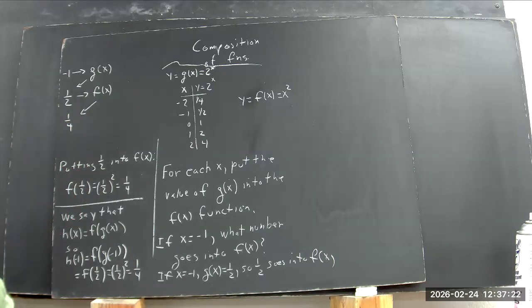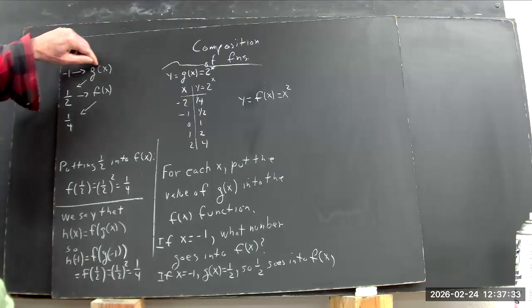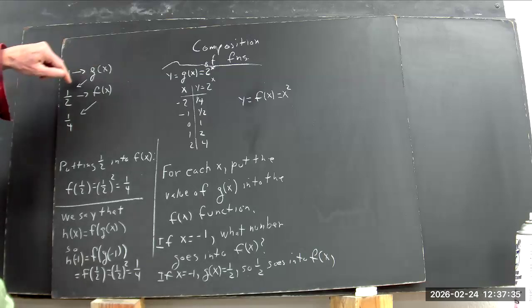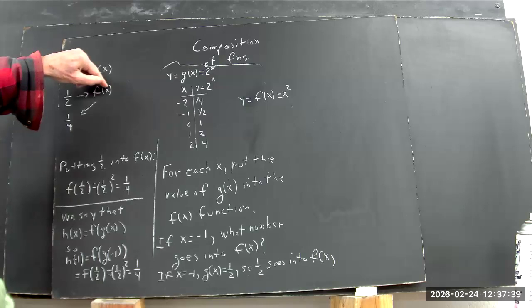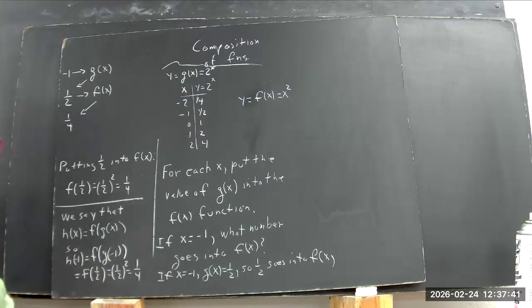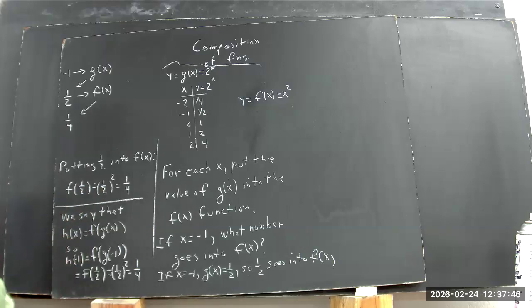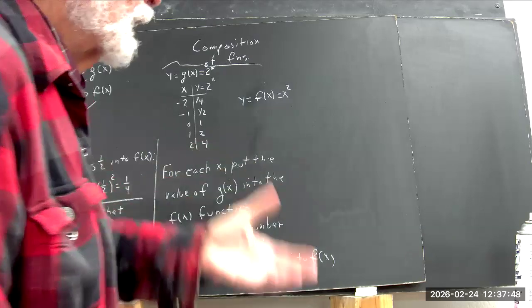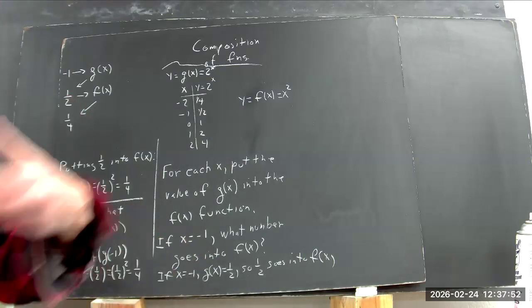Does that make sense? -1 is the input for g of x. The output of g of x is 1/2, and that's the input for f of x, and you end up with 1/4. Okay? So that's one way to look at composition. You're just feeding the value of one function into another.